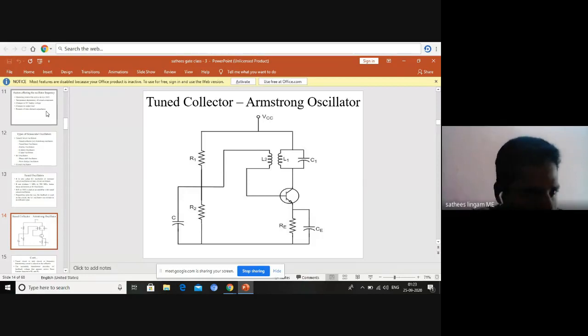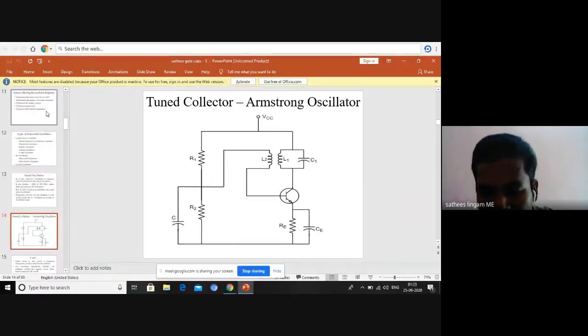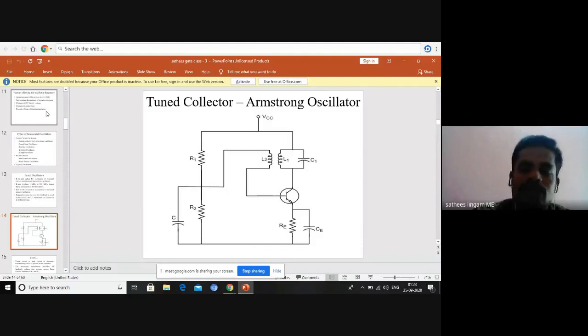One more important thing we want to know: when discussing the oscillator, internally we require a 360-degree phase shift. If you are using an amplifier, that means one transistor from the input gives a 180-degree phase shift.